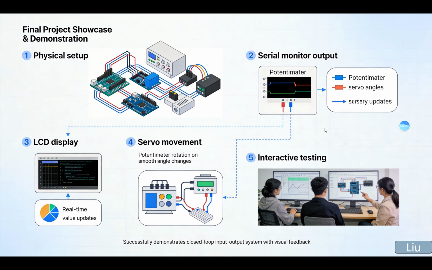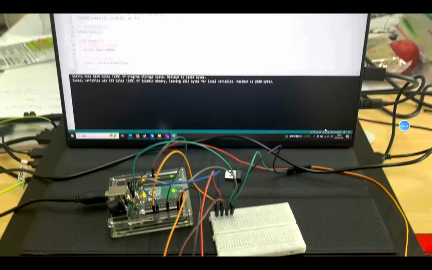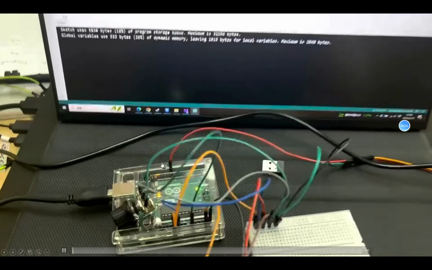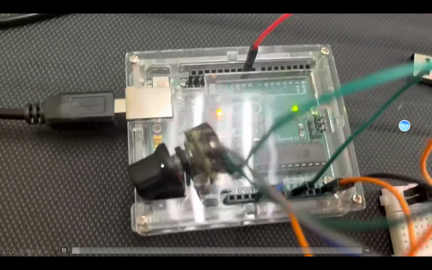So the step one is physical setup. The step two is serial monitor output, and the step three is LCD display. The fourth one is servo movement and interactive testing. So you can see my achievement.